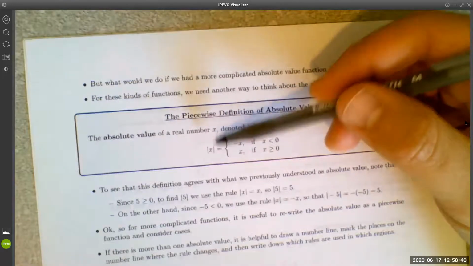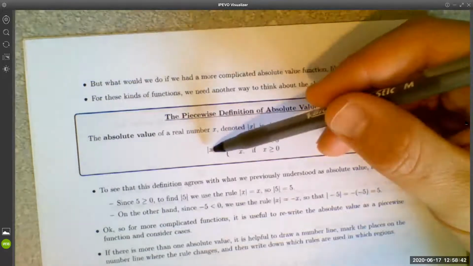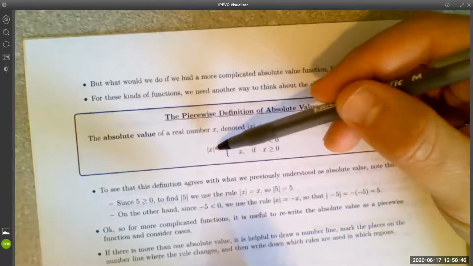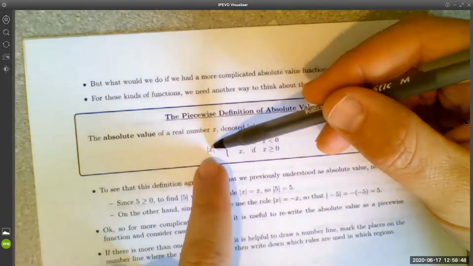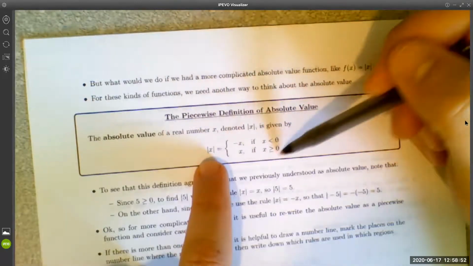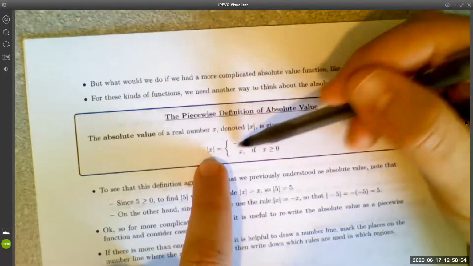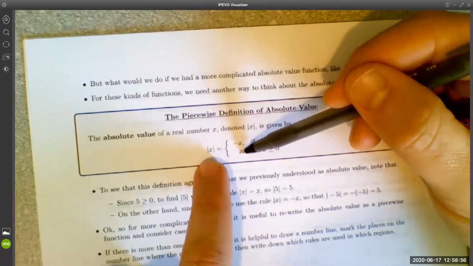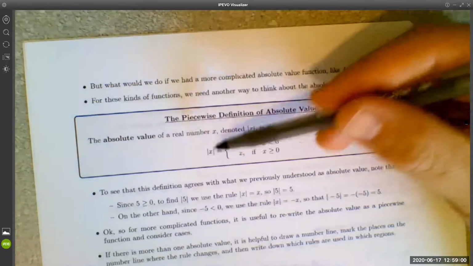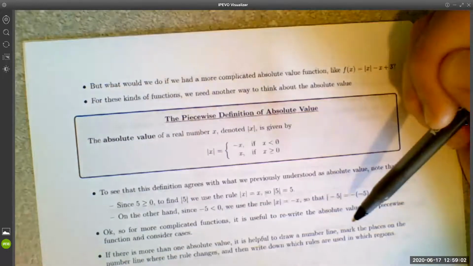If x is 5, then the absolute value of x should be 5, right? Well, if we use this rule, absolute value of 5, since 5 is positive, we're going to use the bottom rule, and we're going to say 5. So absolute value of 5 is 5. Absolute value of negative 5 should also be 5, right?